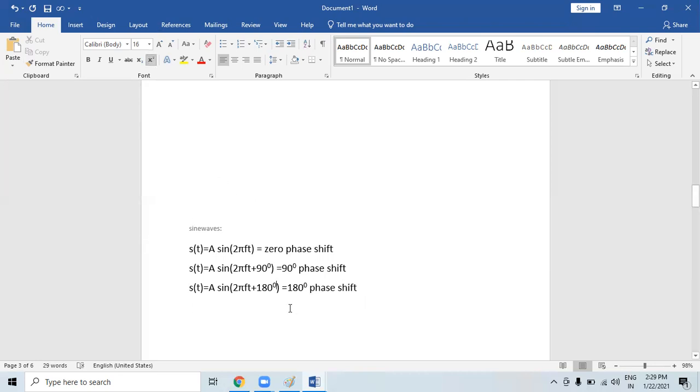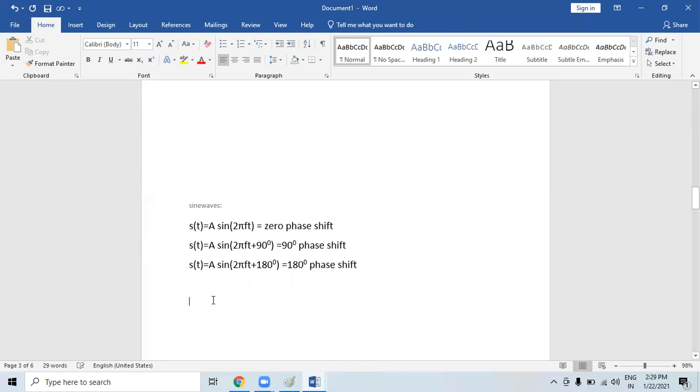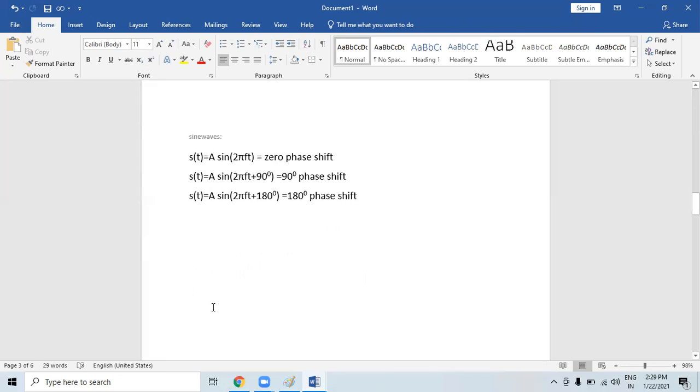So these are the three phases which you have to write in your sine wave. And then after this, wavelength is another important characteristic.